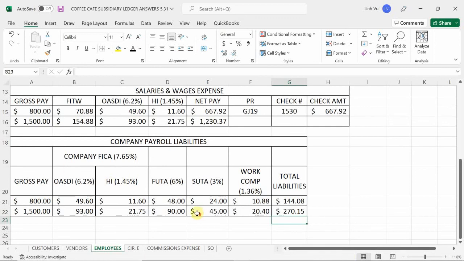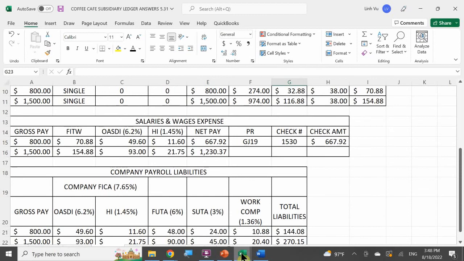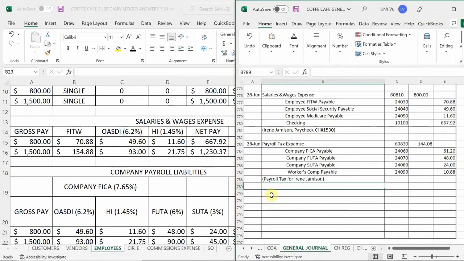Ouch. So let's go ahead and plug in our numbers into our worksheet, or into our journal here. This one is straightforward. You can copy and paste because this is identical to Irene's. The only difference is it's not Irene's numbers, it's going to be Tim's numbers.